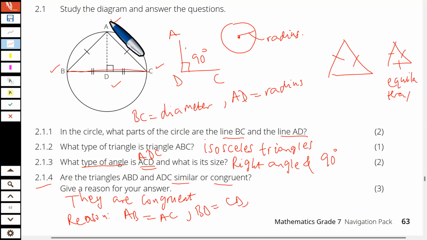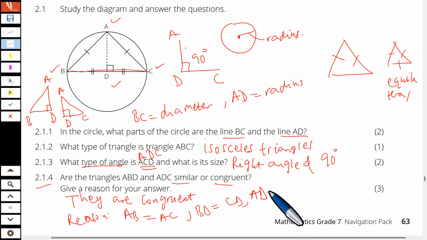If you draw the triangles like these, and you draw the other triangle like this, you'd see that this one is A, D, B, this one is A, D, C, and these are equal to each other. So you have therefore that AD equals AD. So they are congruent because the corresponding sides are the same.